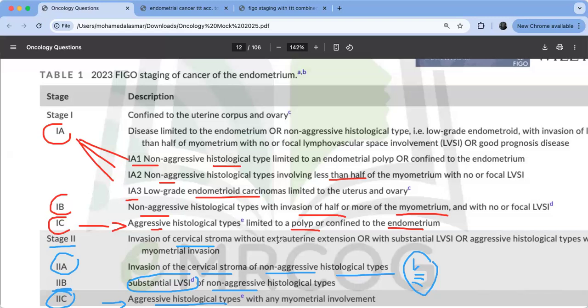But nowadays, if it invades the myometrium and you discover that it's an aggressive behavior type, what will you do? You will make it 2C. Less than 50, more than 50, it doesn't matter. Since it's aggressive and associated with myometrial invasion, I give it 2C. Clear, everyone?